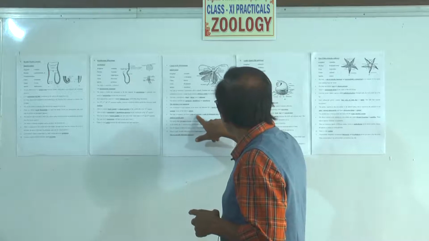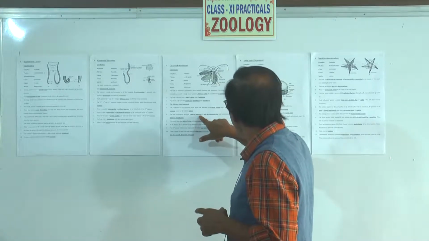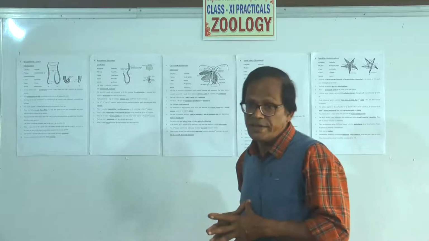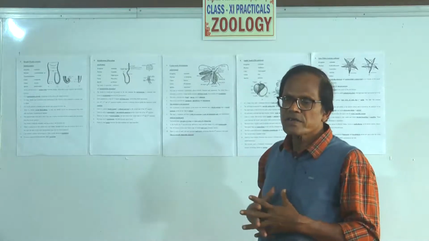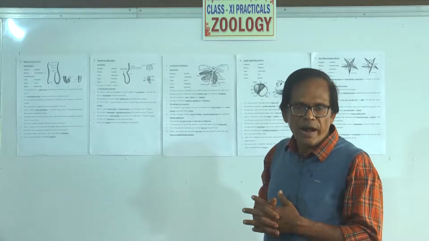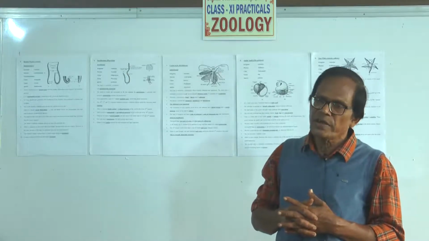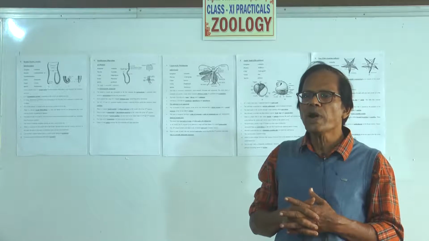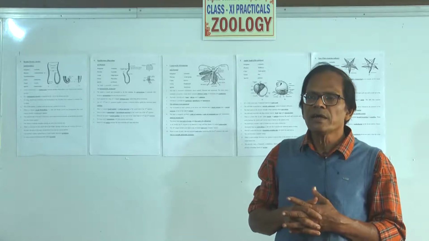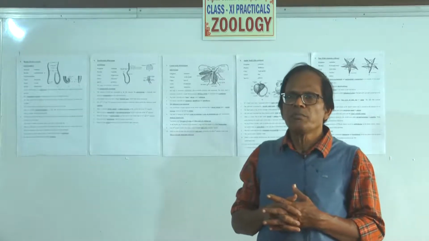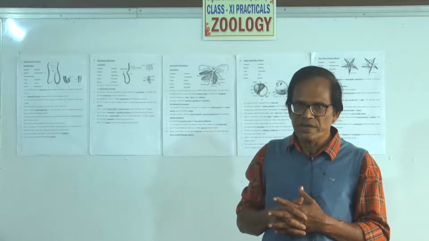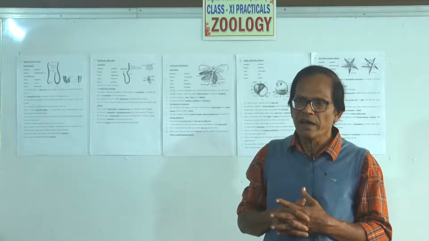So the head will bear a pair of antennae, a pair of compound eyes. Our eye is a simple eye, but the eye of an insect is a compound eye. A compound eye is an eye that is made up of many similar units called ommatidia.